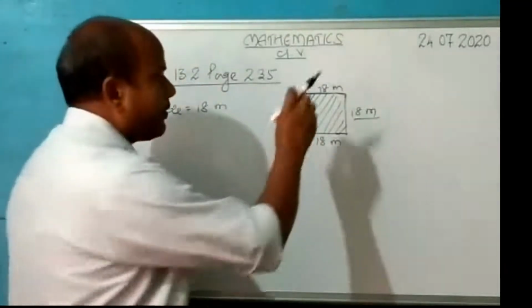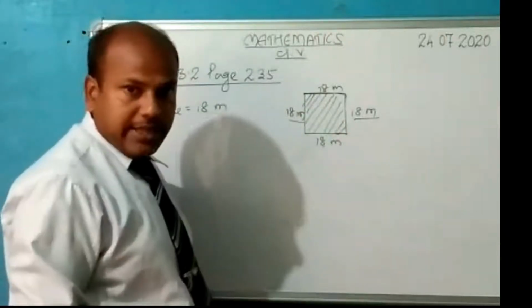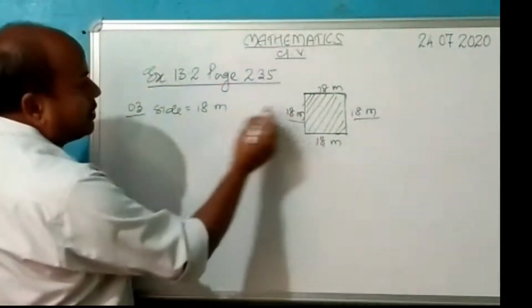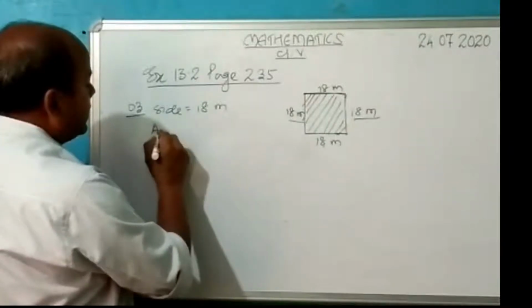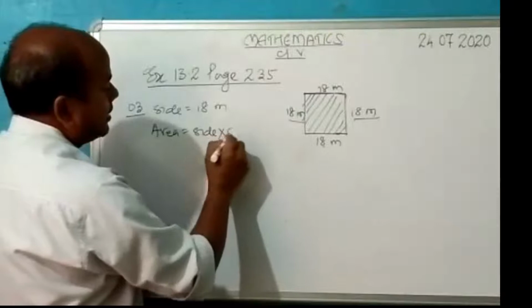So you have to put the fertilizer. To put the fertilizer, you need to know how much is the area. So side is equal to 18 meter, you have to find out the area. And you know area of a square is side into side.